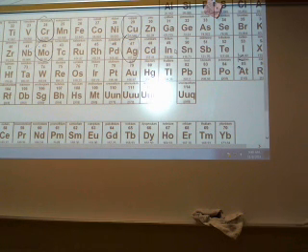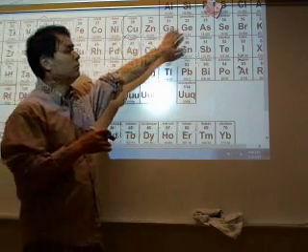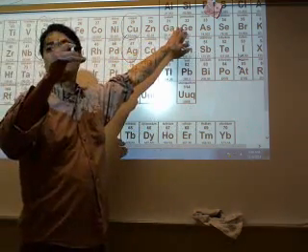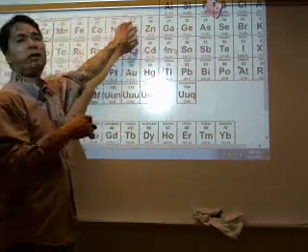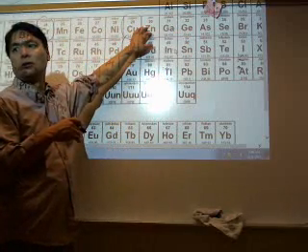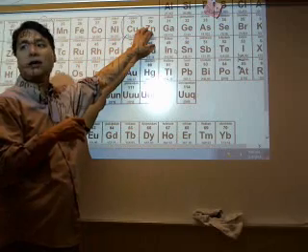To fill the entire shell, we would need 18. Is 18 electrons stable? Yes, 18 electrons is stable because not only have you filled the n equals 4 valence, but you've also filled the 3d subshell, which is stable.